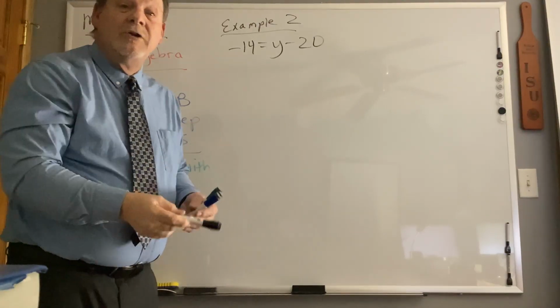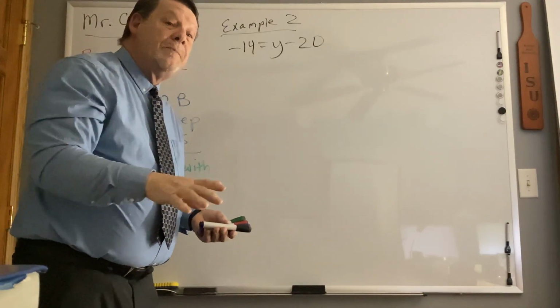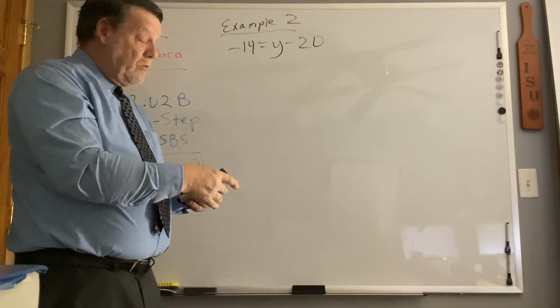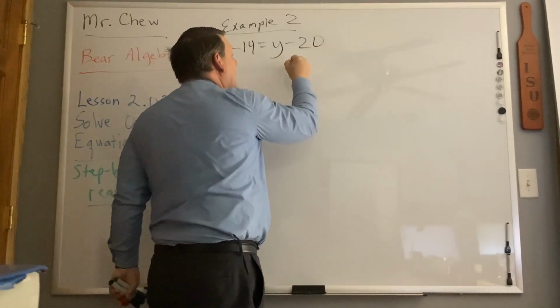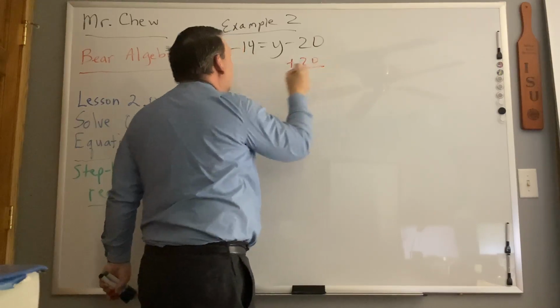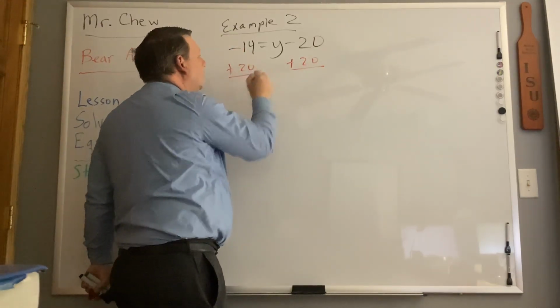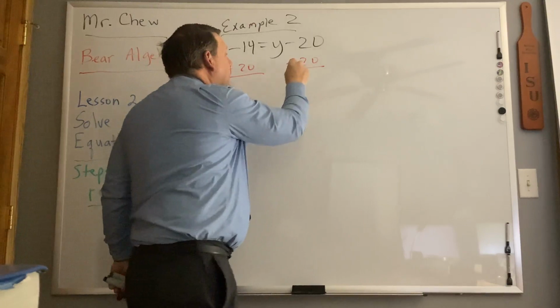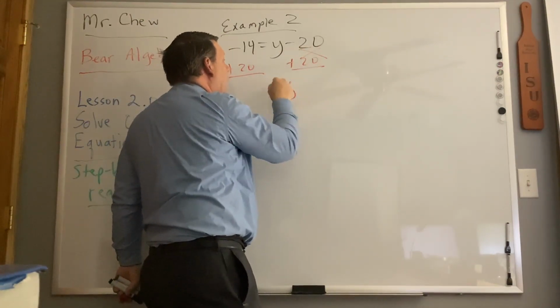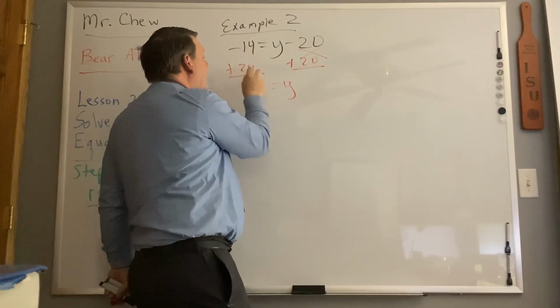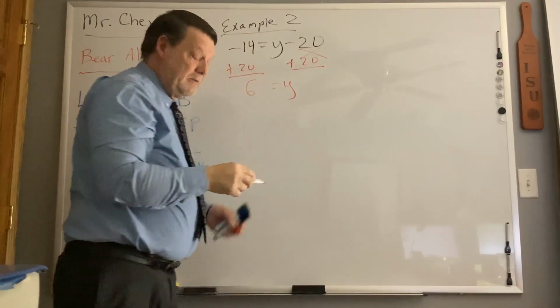We're subtracting 20. Remember, in our one-step equations, the first step is to undo it, or inverse it. So the opposite of subtracting 20 is adding 20. This crosses out, and I have y minus 0, which is y, and negative 14 plus 20 is positive 6.